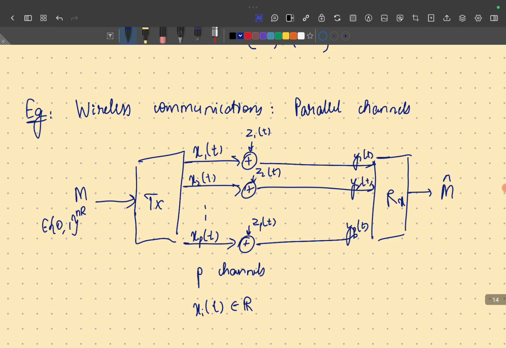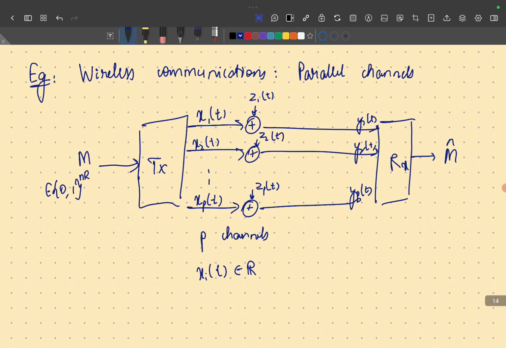So a very simple model of the communication system would be where P is equal to 1. You transmit a real number, the receiver gets the real number plus some noise. I've just generalized this a little bit to say that you don't transmit one real number every time. You can view this as transmitting a real vector.